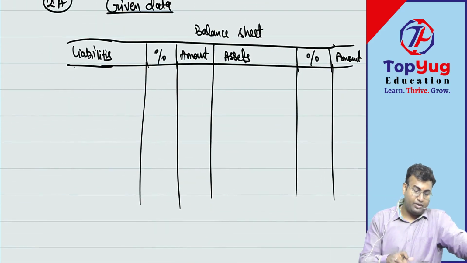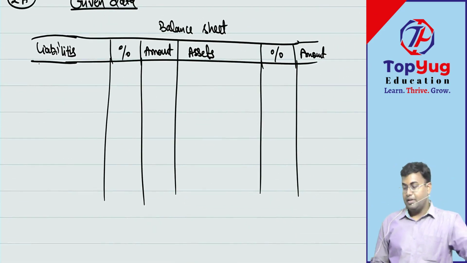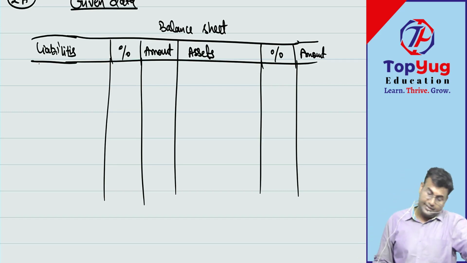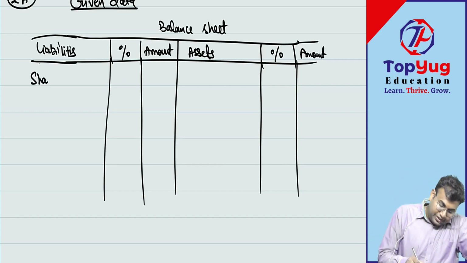Okay. Let us just plot the given data. He says share capital would be 50%.